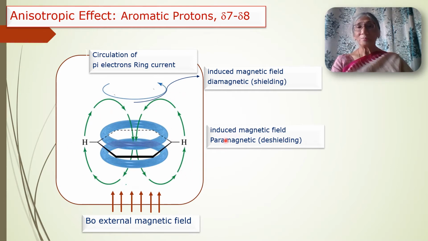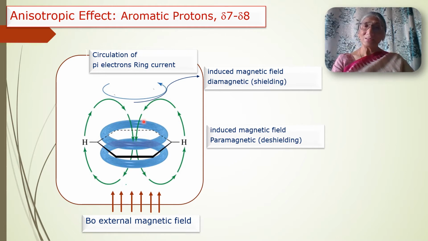Paramagnetic means the effective magnetic field in this area will be more than the applied magnetic field. Here, the secondary magnetic field adds up to the external magnetic field. But in the center, this secondary magnetic field is diamagnetic. That is, it cuts down the strength of the external magnetic field. So this is the diamagnetic area.